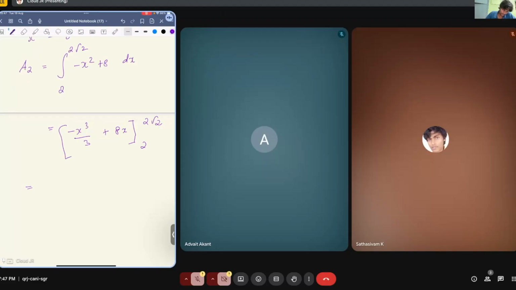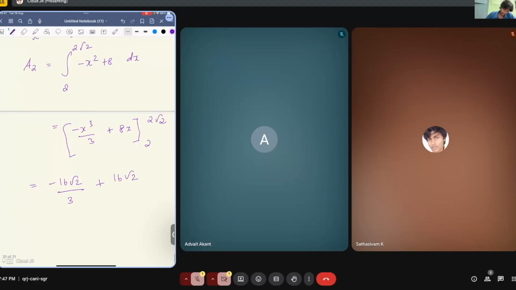This will be x cube of that, right? And that will be 2 cube is 8, minus 16 root 2 by 3 plus 16 root 2. Then you have to subtract.